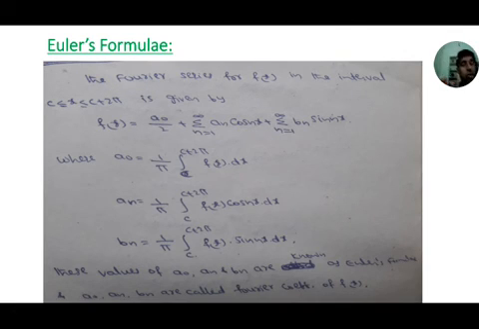Euler's formula. To find the Fourier coefficients, we have formulas. Those values are called Euler's formulae.